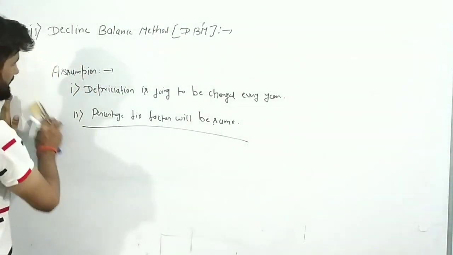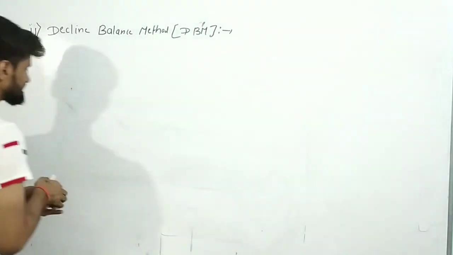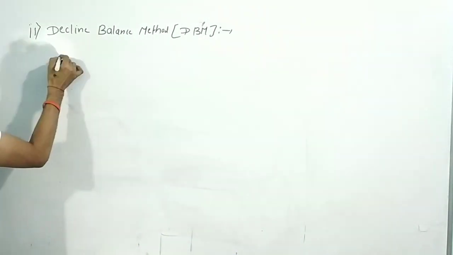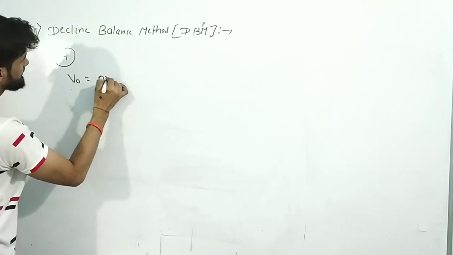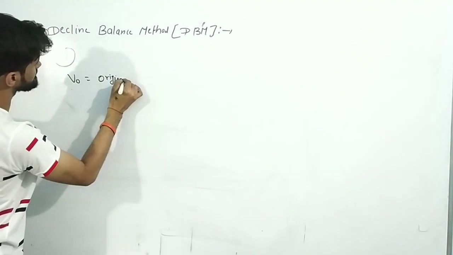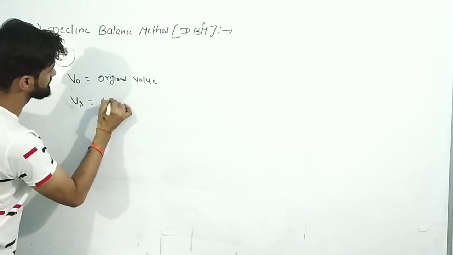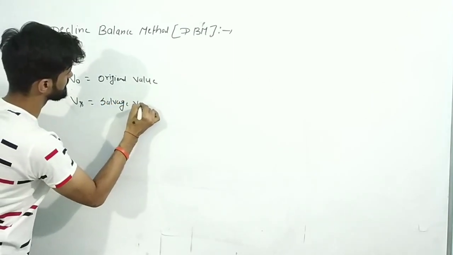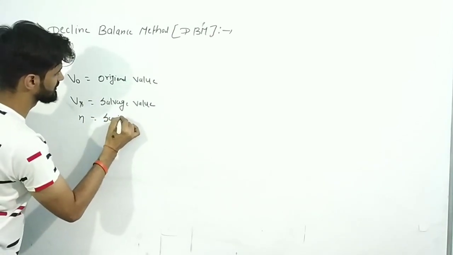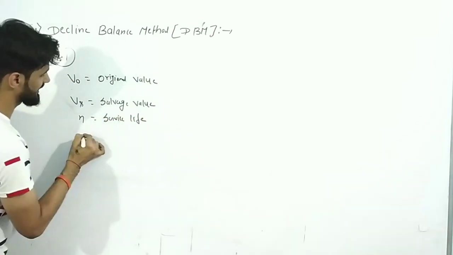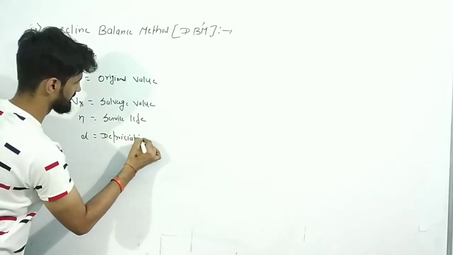Okay, now understand how we can calculate the value of depreciation from the declining balance method. I am going to take an asset A, having V0 equal to the original value, Vs equal to the salvage value, n equal to the service life, and D equal to depreciation.